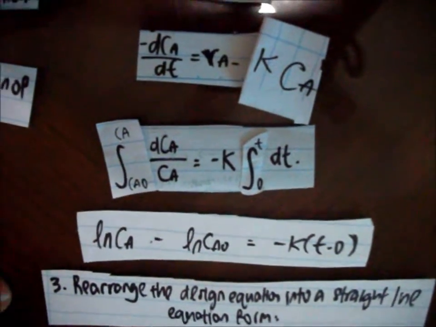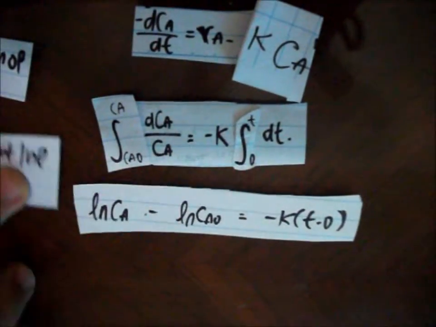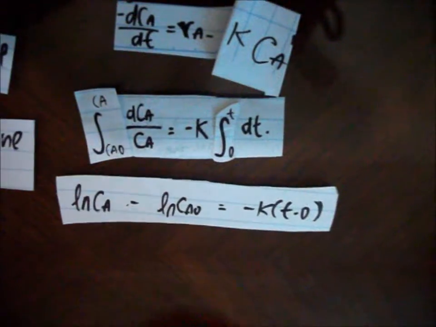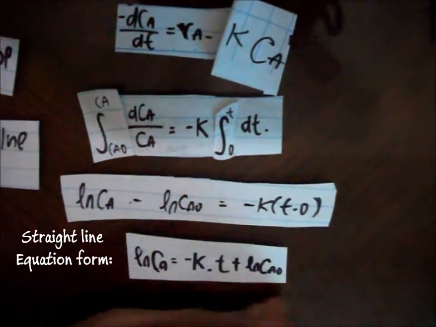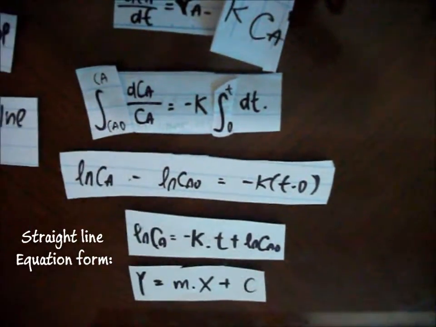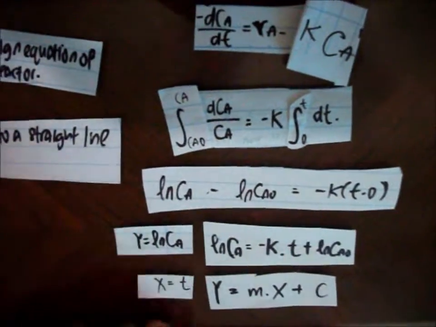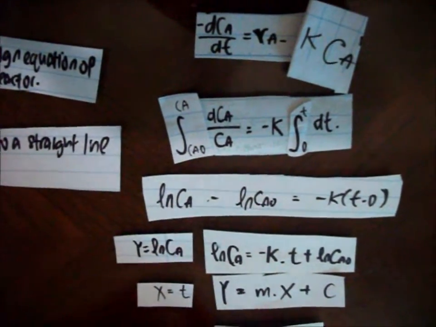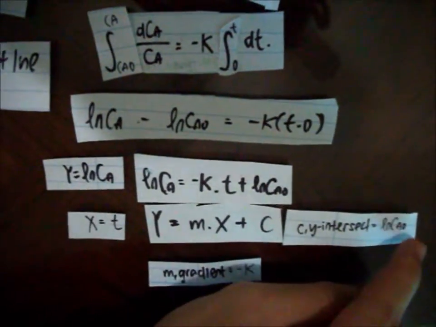We can make this into a straight line equation like this, where y equals ln CA, x equals t, the gradient m equals negative k, and the y-intercept equals ln CA naught.